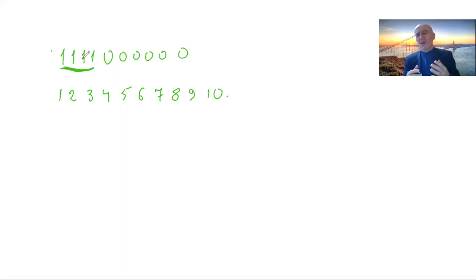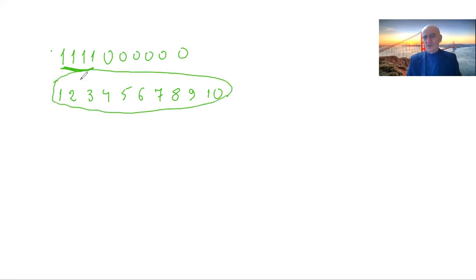So we have there only 2 digits, 1 and 0. I can translate it as choose from this set 4 slots.